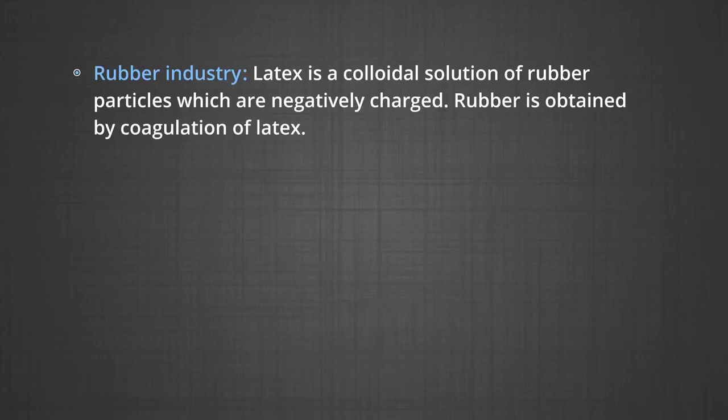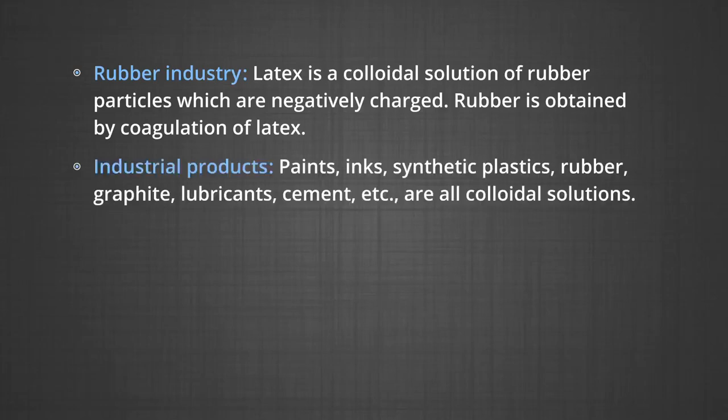Rubber is obtained by coagulation of latex. Number 8, industrial products. Paints, inks, synthetic plastics, rubber, graphite, lubricants, cement, etc. are all colloidal solutions.